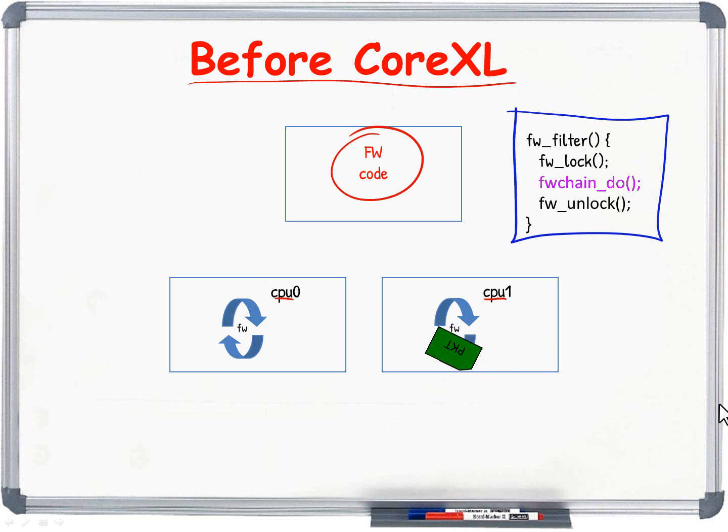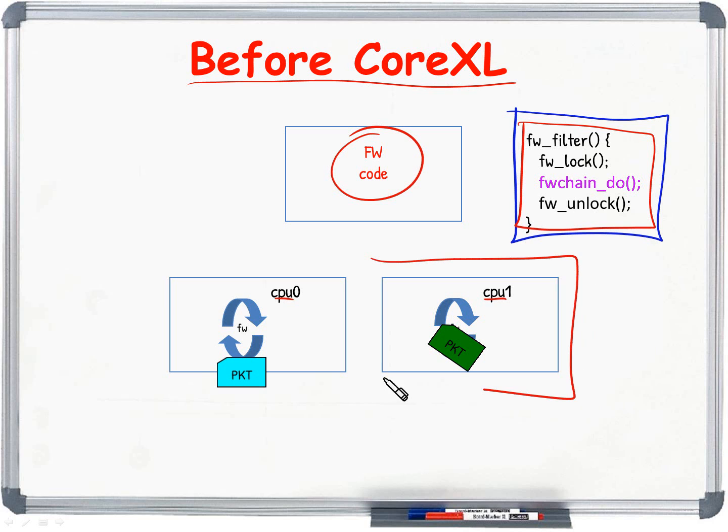Now the packet is going to do the FW chain do, which means it's processing that connection. Now imagine that packet is being processed by the firewall while another packet comes into the second CPU. Now the second CPU is going to need to interrupt the firewall code, but the firewall code is already locked and is being processed by the primary CPU.